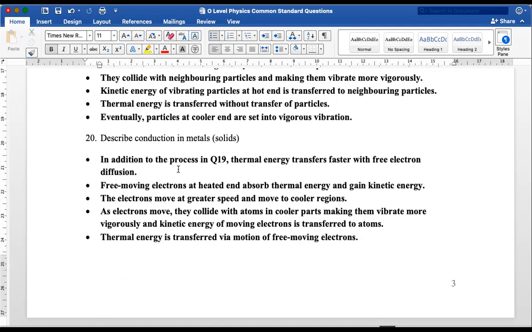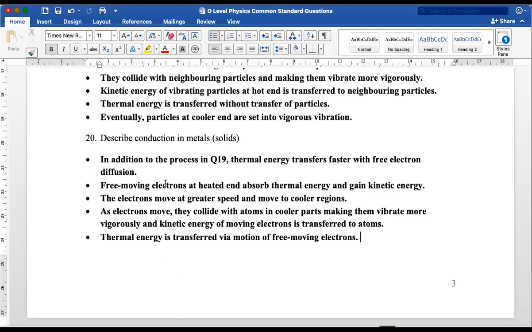In addition to the process in question 19, this is for conduction in metals. Thermal energy is transferred faster with free electron diffusion. Free moving electrons at the heated end absorb thermal energy and gain kinetic energy. The electrons move at greater speed and move to the cooler regions.